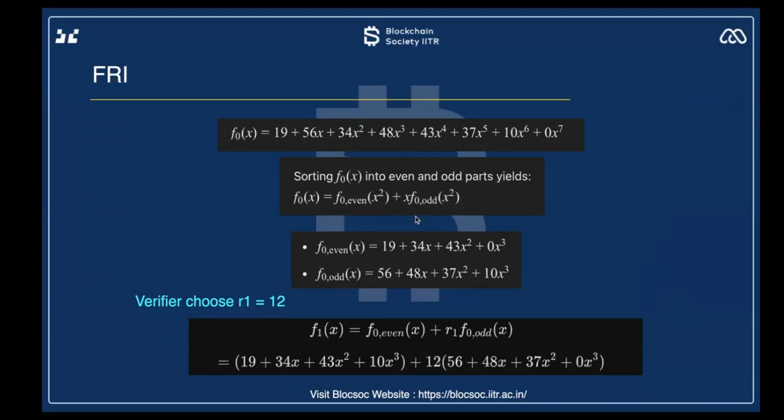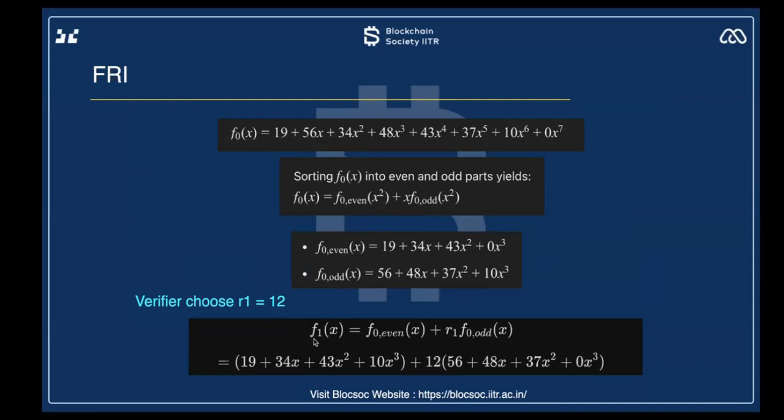So what the prover will do is represent the polynomial in this form, and then the verifier will choose a random number. For example, in this case he chooses random number r1 equal to 12, and he gives this random number to the prover, and the prover will now generate a new polynomial from the even part and odd part of the original polynomial.